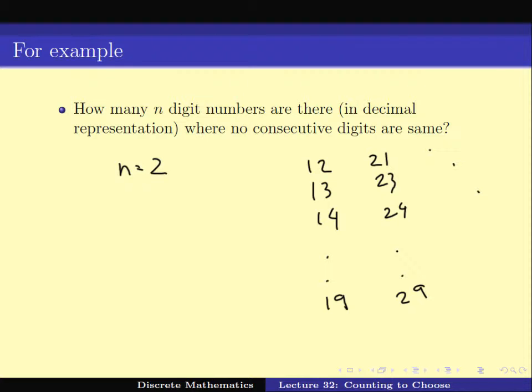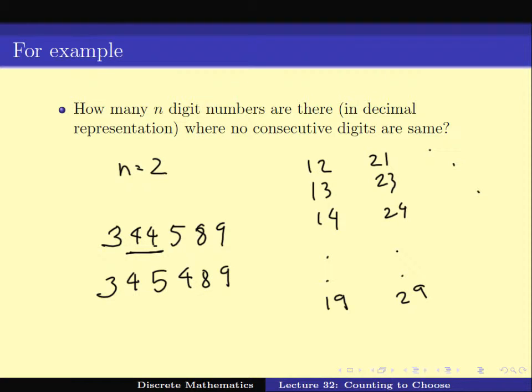But if n is a general parameter, then how many n-digit integers are there where there are no two consecutive digits the same? For example, 3, 4, 4, 5, 8, 9 has two consecutive digits the same because there is a 4 followed by a 4. But 3, 4, 5, 4, 8, 9 is fine.